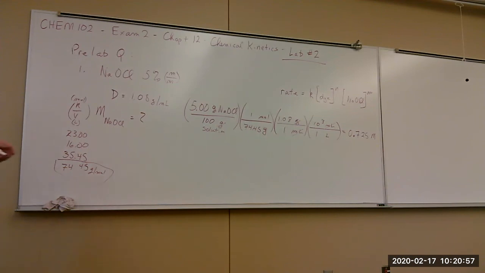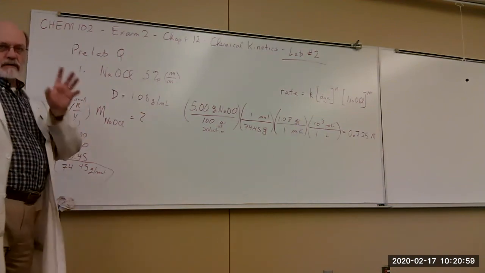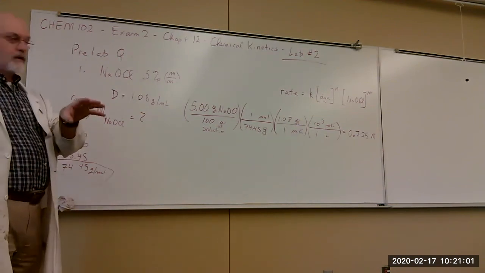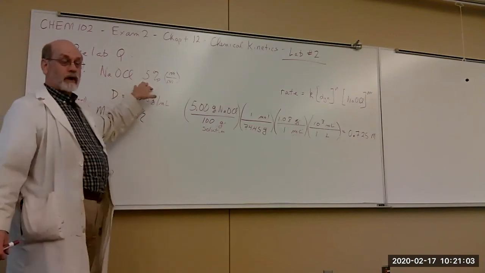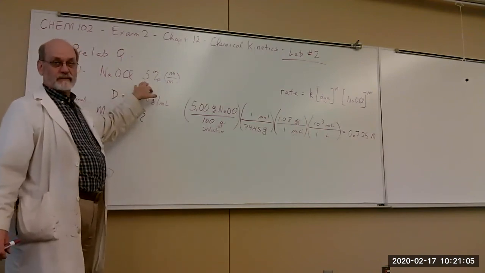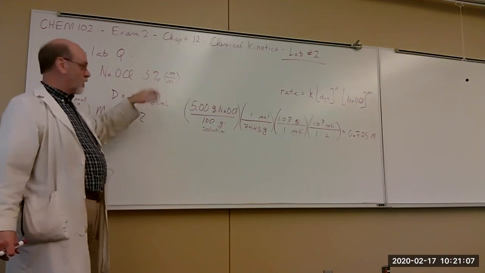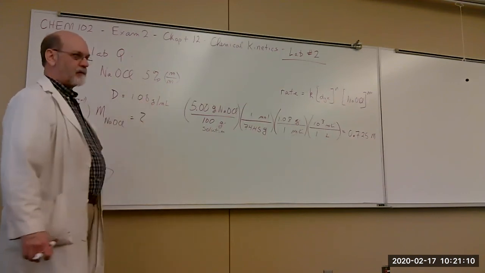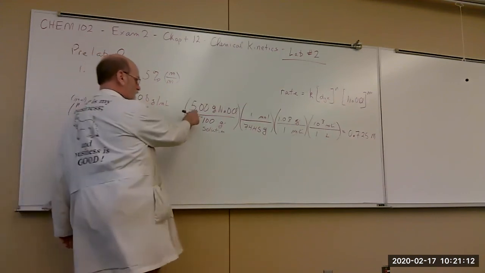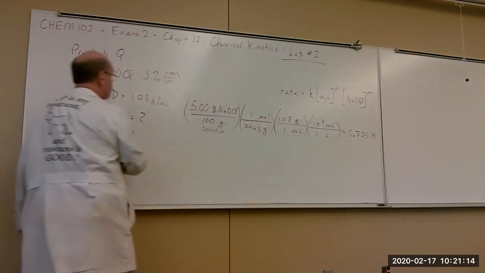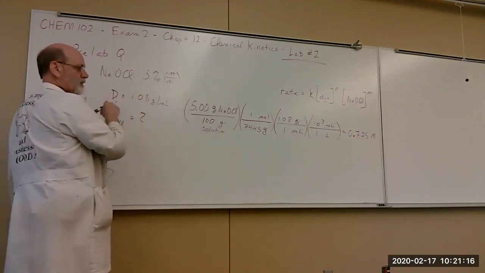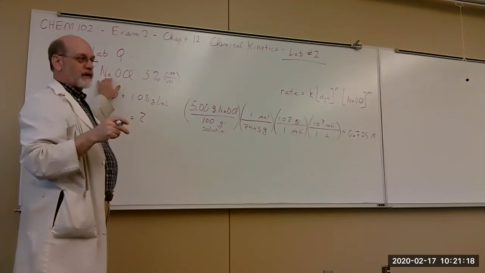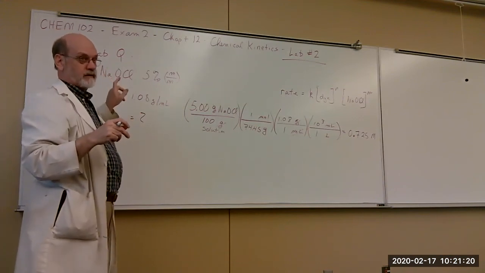Now, when you do these calculations for the lab, we're not using 5% sodium hypochlorite. We're using 6%. Right? So what would you do there? Just use 6 here, plus 6% is more concentrated sodium hypochlorite, so the density is probably going to be different.